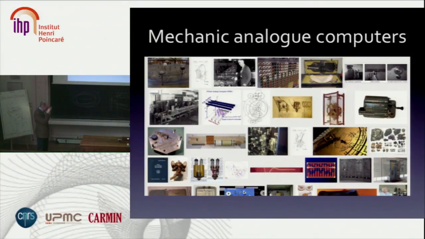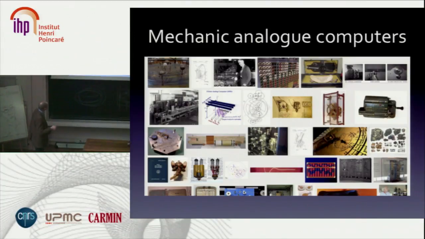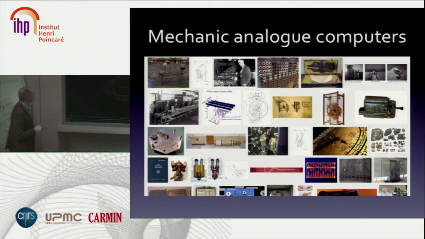So if you do a Google Images search for analog computers, you find lots of interesting stuff, of course. But scrolling this web page, you find something which doesn't quite look like a computer. You find this picture. It's a screenshot of a search that I made yesterday, so probably it's still there in the same form.